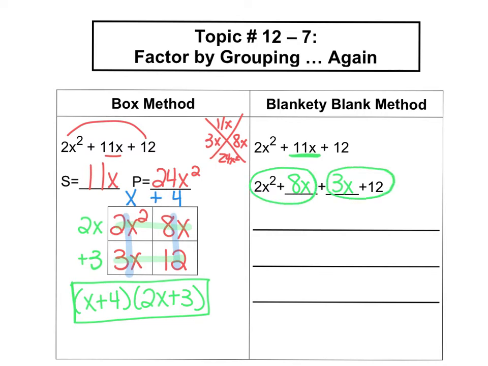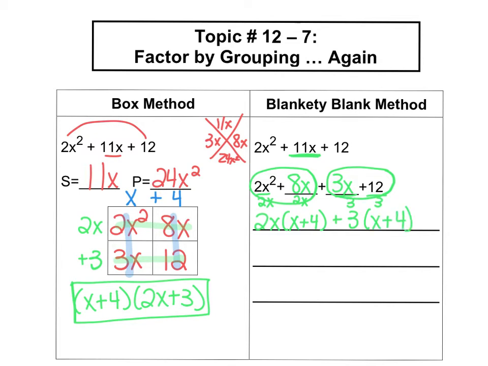And I'm going to pull out the GCF of each, which in this first one would be 2x, which you can see if I divided both of these by 2x, would leave me with x plus 4. And then in my second one, I could pull out a 3, which if I divided both of those by 3 would leave me with x plus 4.